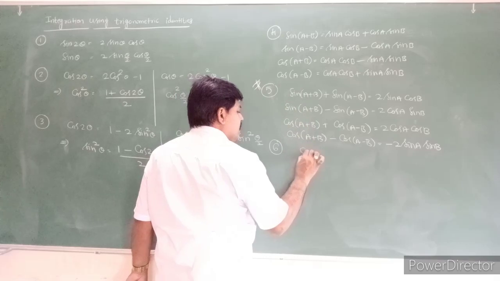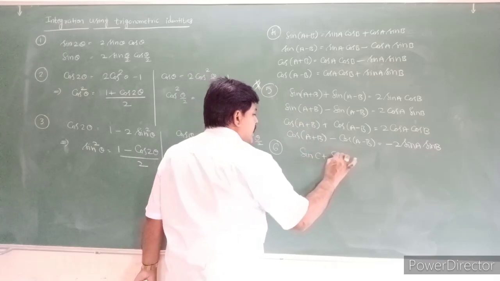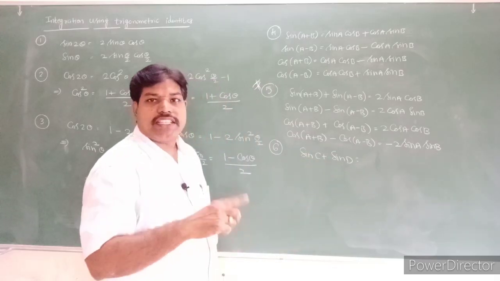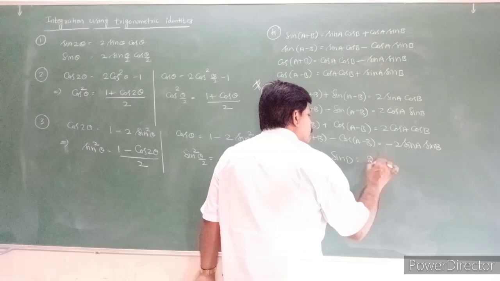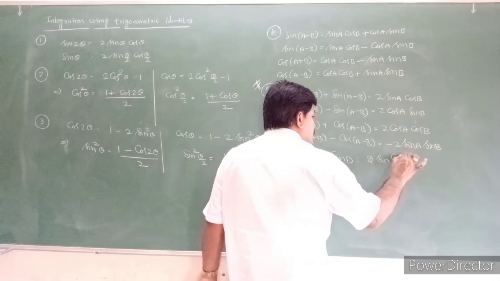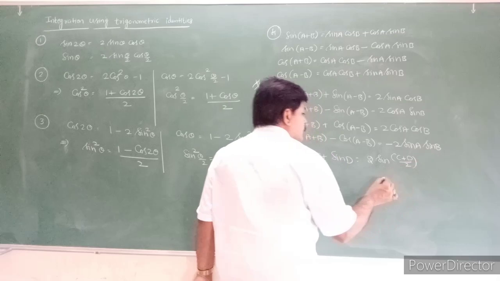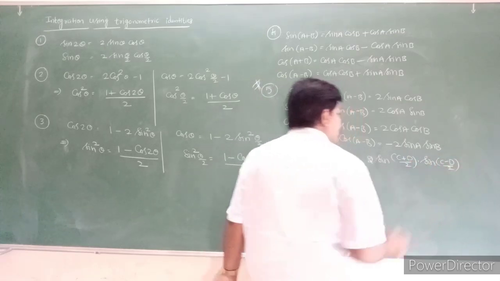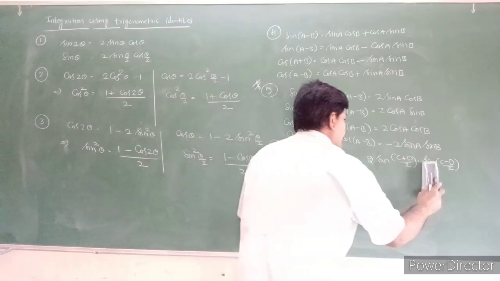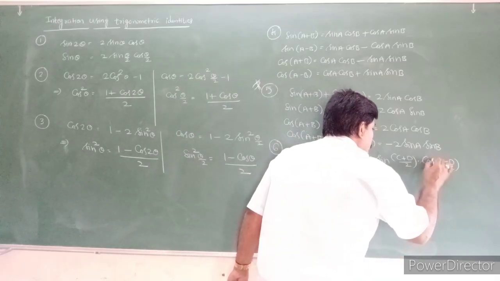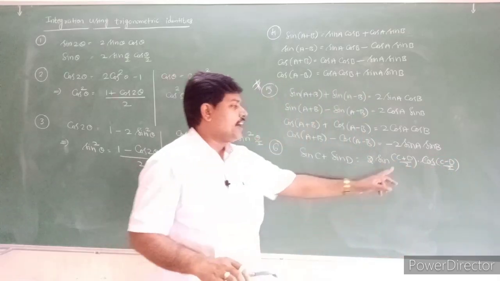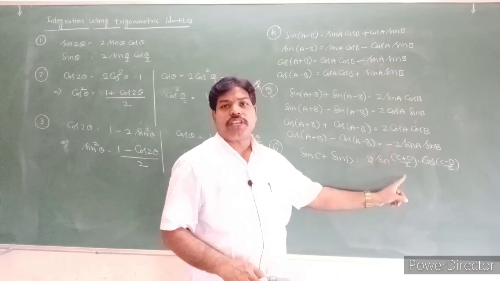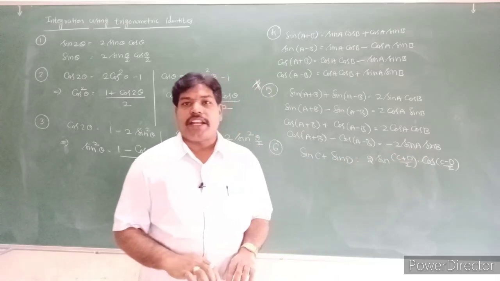Sin c plus sin d is equal to 2 into sin of c plus d by 2 into cos of c minus d by 2.